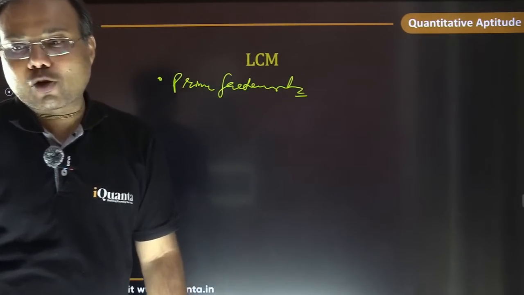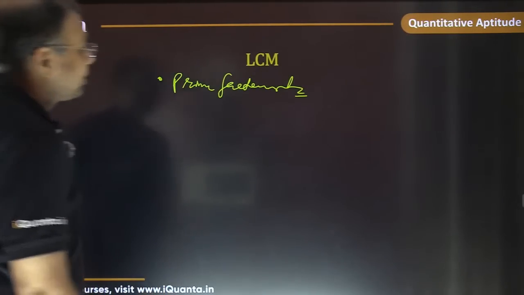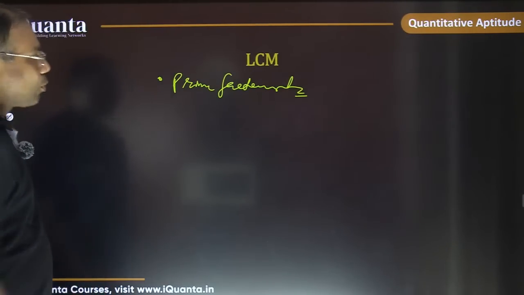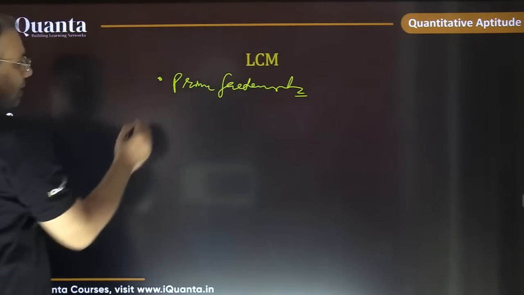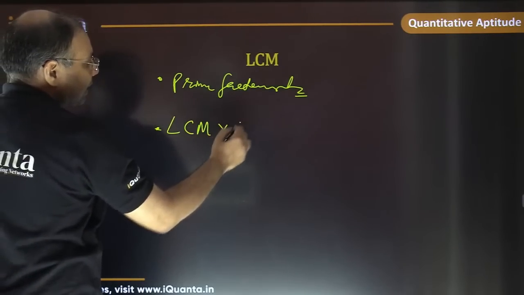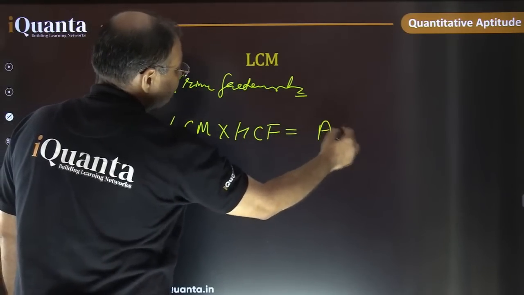GCD is greatest common divisor. Yash, greatest common divisor. It is synonymous of HCF only. एक ही बात है वो. So prime factorization is the normal method, and beside that we have a relation between LCM and HCF. LCM into HCF is equal to product of the two numbers.